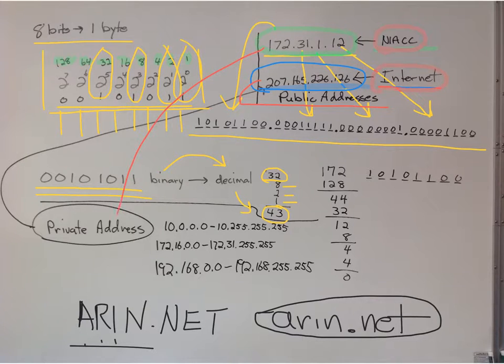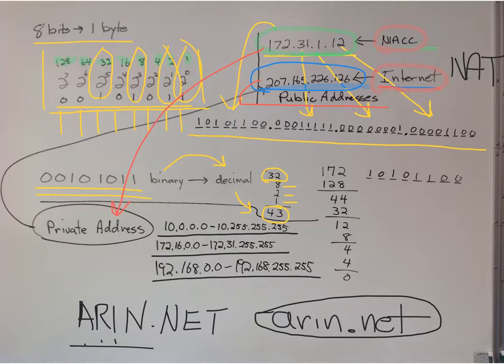This address is a private address. You can use private addresses internally, and then you convert them using network address translation. I'll write that down here. Network address translation. Convert it to a public address to use out on the internet. These are the private addresses that can be used internally. These are not used out on the internet. Got it?